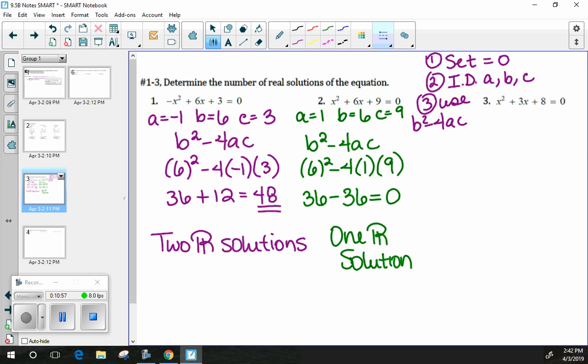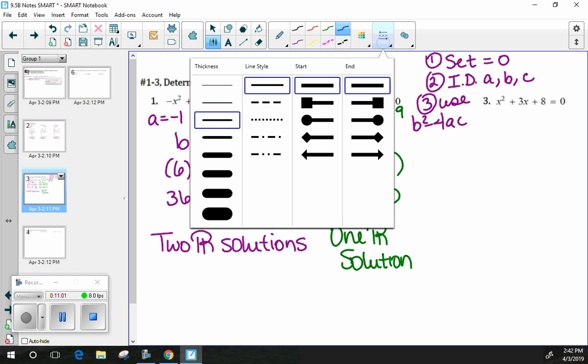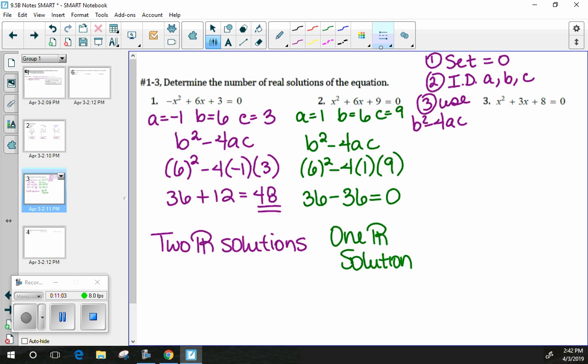All right, how are we feeling about those? Okay, let's try this last one. On this last one, is it equal to 0? Yes, let's identify A. A is 1, B is 3, C is 8. And then let's use the discriminant to decide.